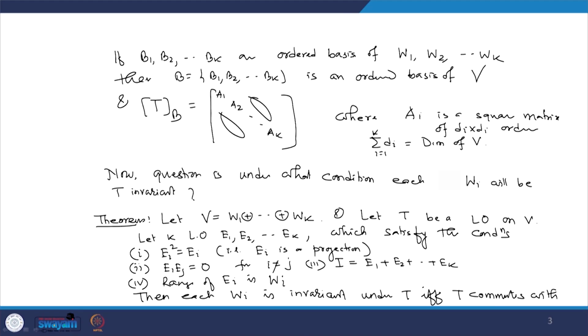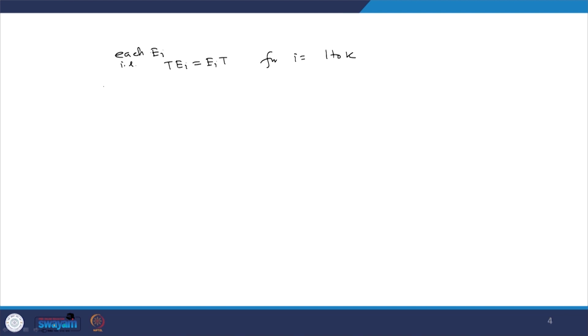So, if the operator T commutes with each of the projection operators Ei, then the subspaces W1 to Wk will be invariant under T. So, let us give a quick proof of this problem.